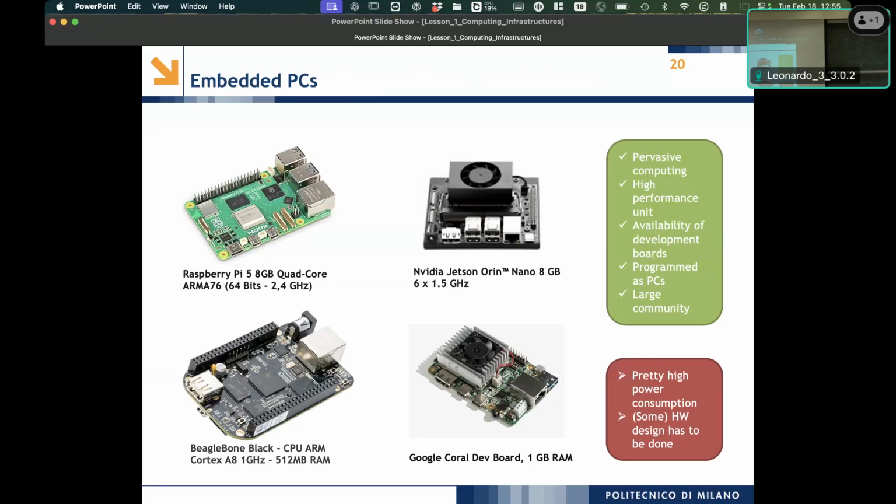Because it's a mini PC, and if you have to control a camera, then you need to plug the camera in and have the driver to access it, and so on. So you still need to integrate the actuators and sensors.